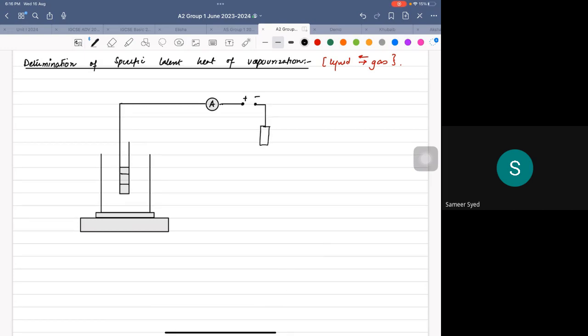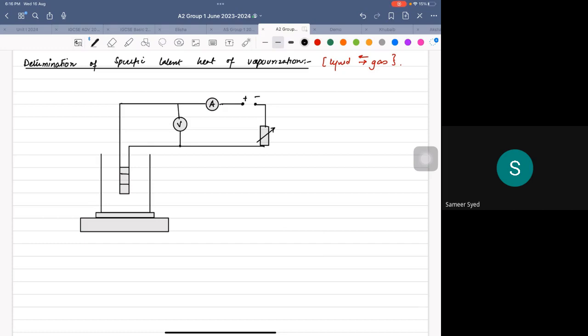Variable resistor is important because we want to control the amount of current or the power. Connect it like this, okay? Then across the heater, you also need to have a voltmeter to monitor the voltage that is being supplied to the heater, like that.